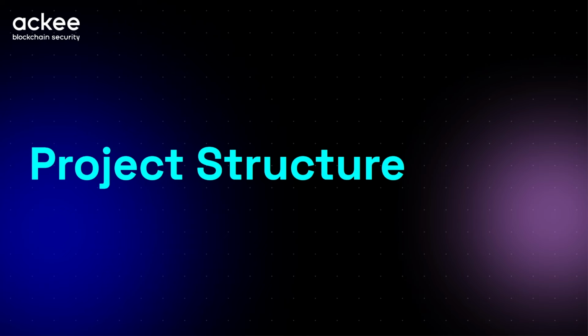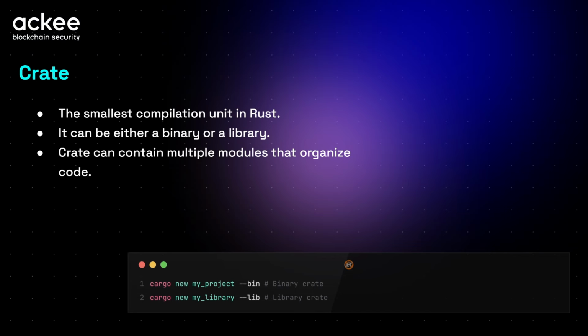In project structure, I would like to talk about the packages, crates, and the modules in order for you to better describe the folder layout of Rust programs. So first thing is crate. The crate is the smallest compilation unit in Rust, and it can be either binary or library.